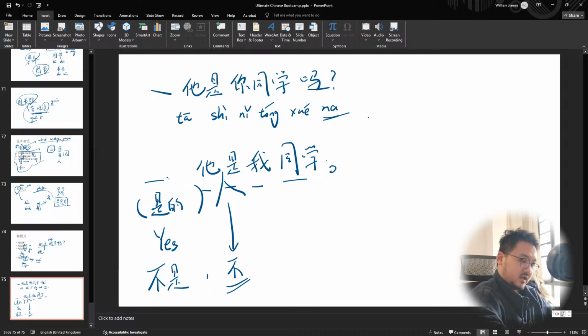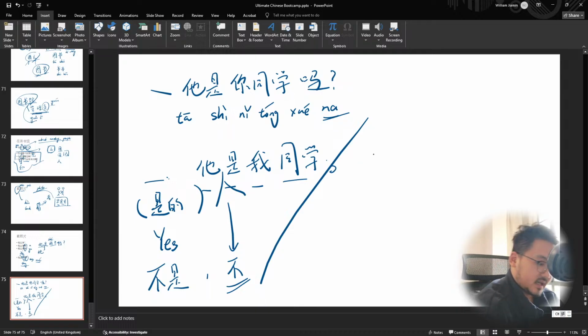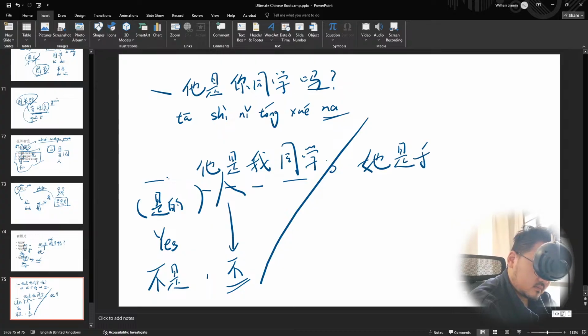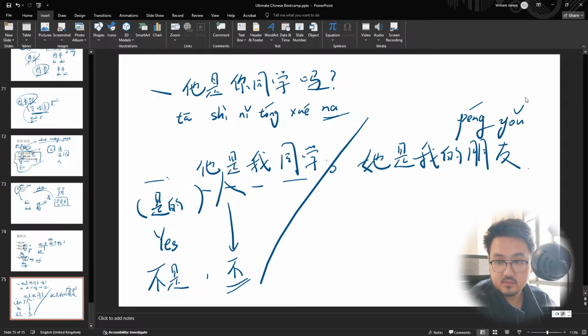And in the HSK curriculum you also have 他不是我同学，他是我的朋友. Okay, a new word here, 朋友.